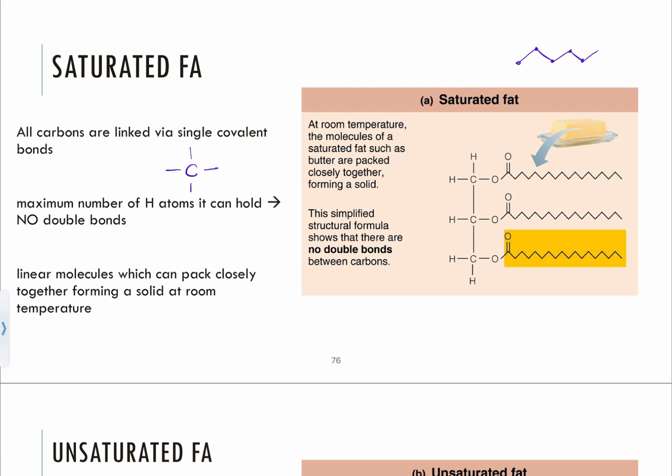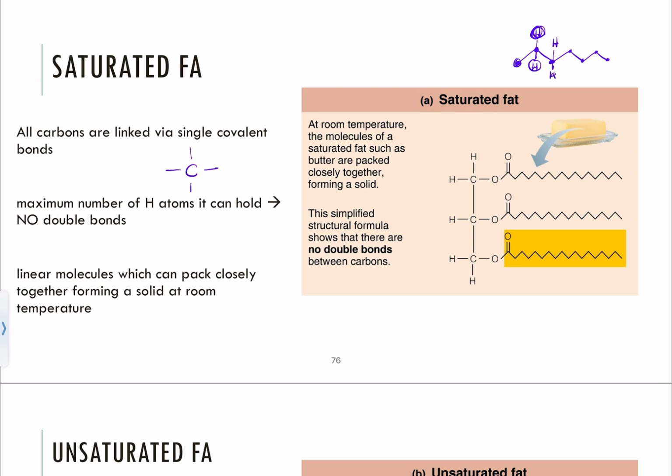That's a carbon, that's a carbon, that's a carbon. What's not drawn in organic chemistry is hydrogens. You just assume they're there. So there's technically a hydrogen here, a hydrogen here, a hydrogen here, and a hydrogen here. No, you don't need to know that. I'm just showing you so you can see that this carbon is making 4 different bonds: 1 to a carbon here, 1 to a carbon here, 1 to a hydrogen here, and 1 to a hydrogen here. That's why we say these fatty acids or triglycerides are saturated: every carbon in the fatty acid chain is bonded to 4 different things, meaning we don't have any double bonds at all.